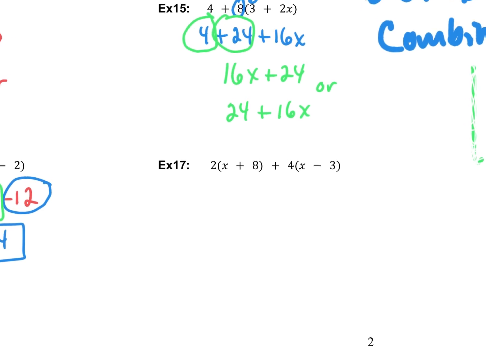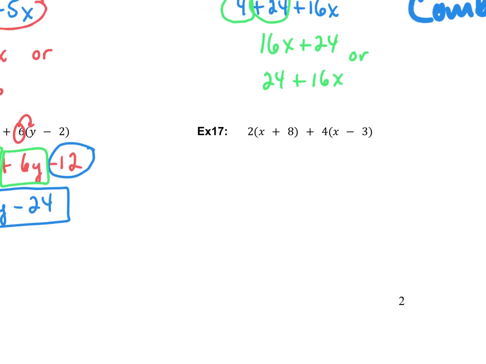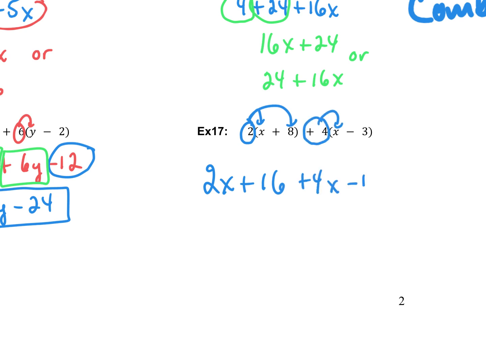And 17, same process. You're going to distribute: 2x plus 16. And then you're going to distribute over here, positive 4x, minus 12, which are multiplying.